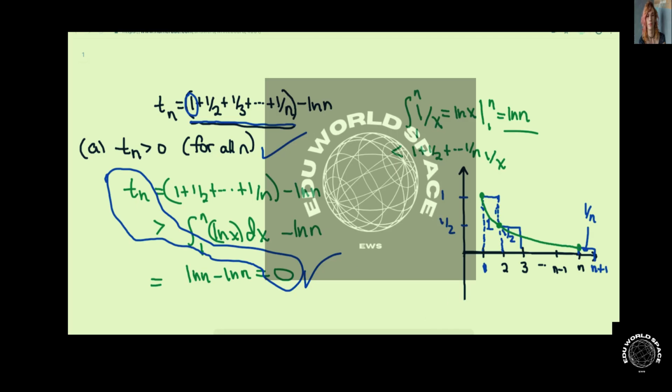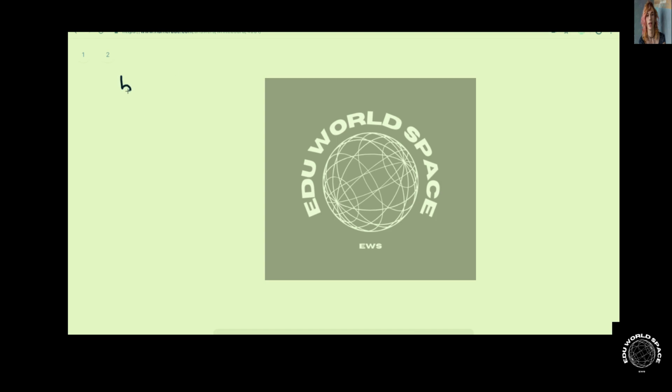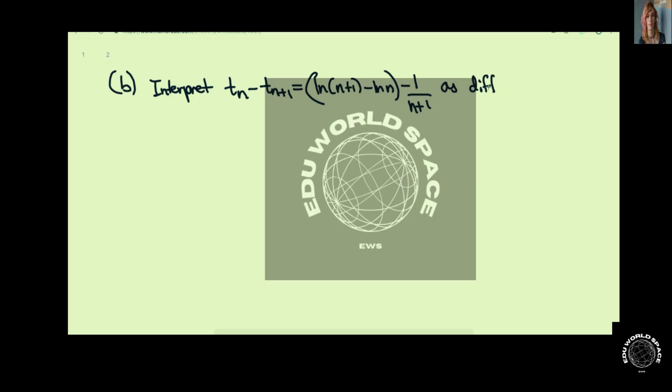Now let's go on to part B here. So here we want to interpret the difference as a difference of areas, to show that the sequence Tn converges.